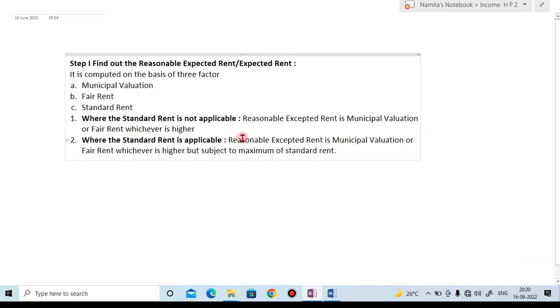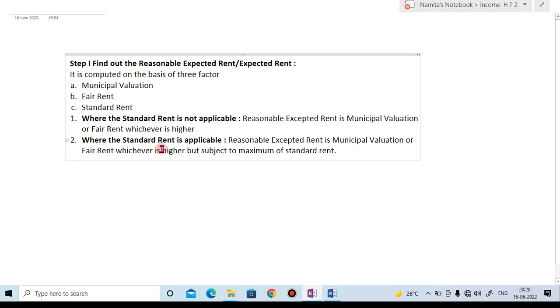We have to accept it as the reasonable expected rent only in the case where standard rent is not applicable.